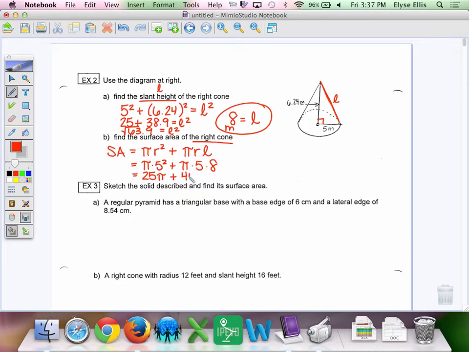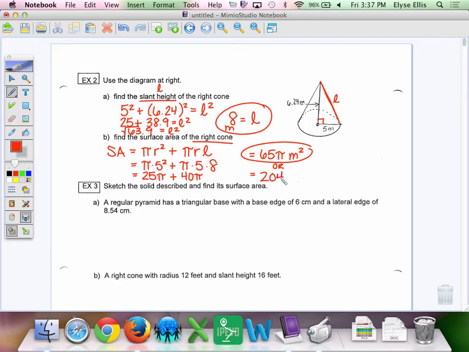Well, 5 squared is 25. You can keep the pi behind it. 5 times 8 is 40. You can keep the pi behind that. 25 plus 40 is going to end up being 65 pi, and you can label that as meters squared.